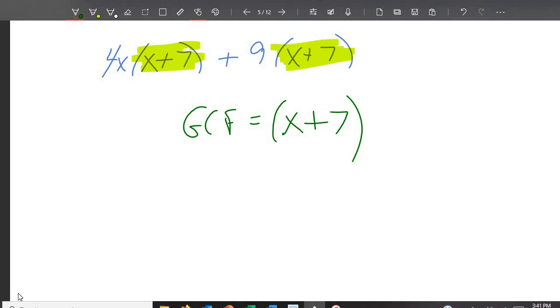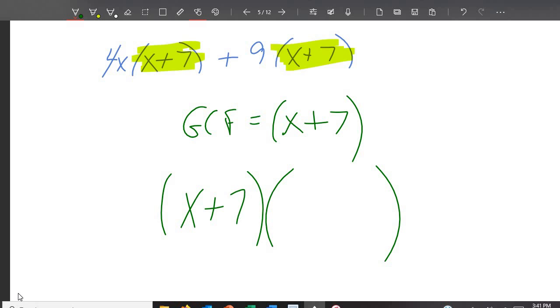Alright, now GCF goes first, which is the x plus 7. What goes in the second parentheses: 4x in front, the plus sign, and the 9.